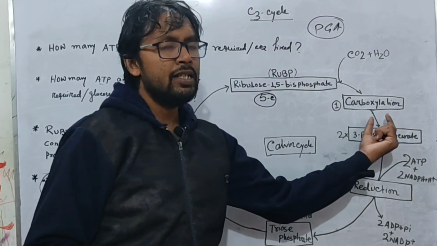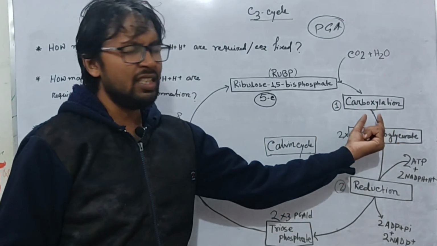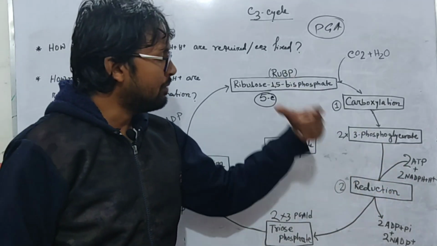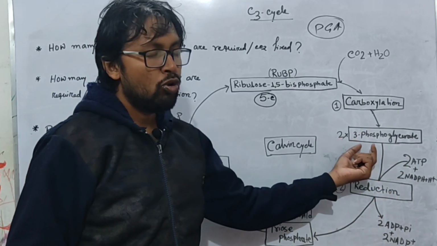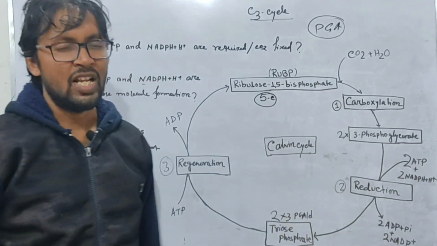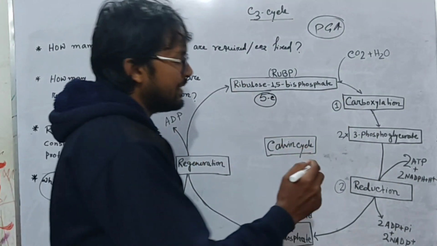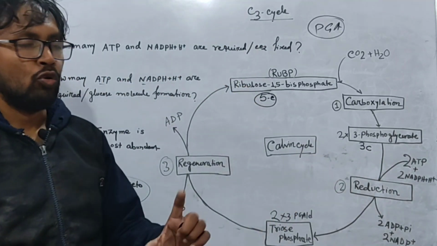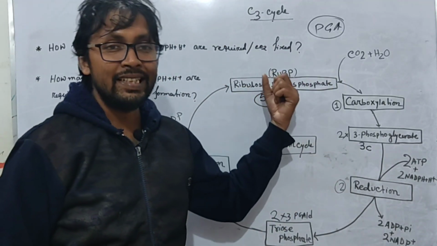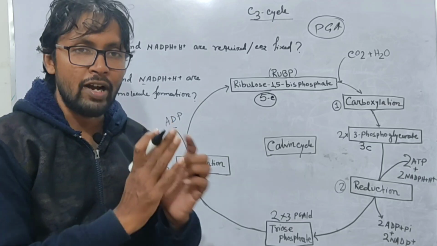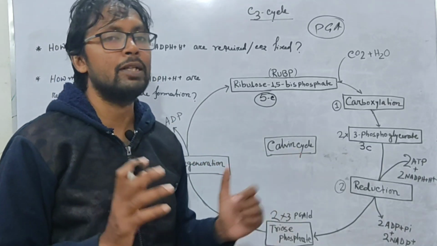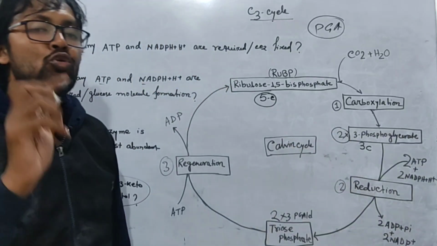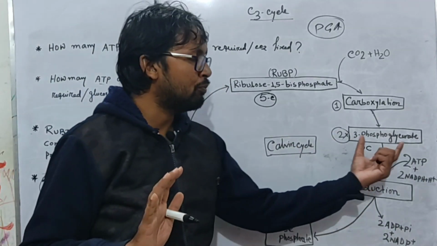This is an intermediate compound just after carboxylation, and then it will be converted into phosphoglyceric acid, which is actually a 3-carbon compound. So the 5 plus 1, 6-carbon compound will be divided equally into 2 3-carbon compounds, that is, 2 phosphoglyceric acid molecules are produced.